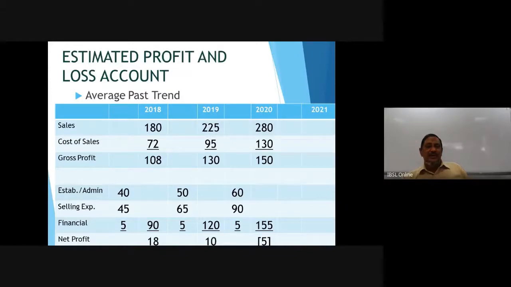Selling expenses 65 to 90. Financial expenses remaining the same. Total expenses 155. End up incurring a loss of 5. Now, using this information in the horizontal method, we have to predict and calculate the 2021 figures.